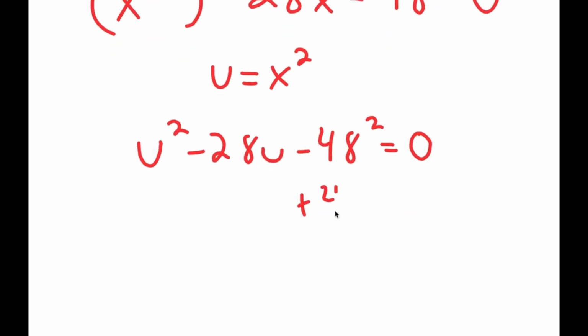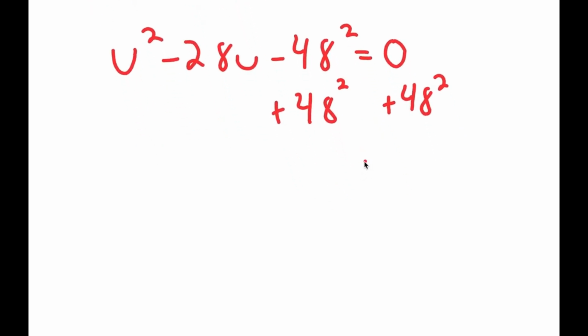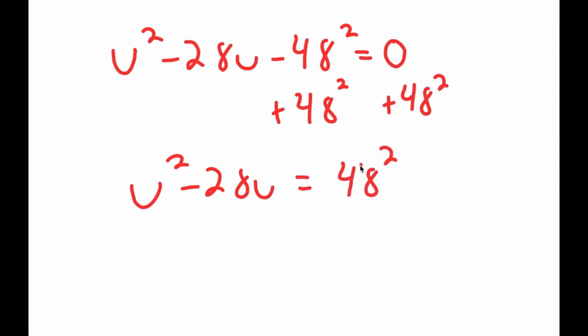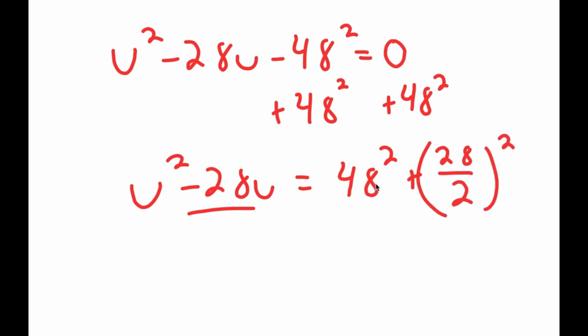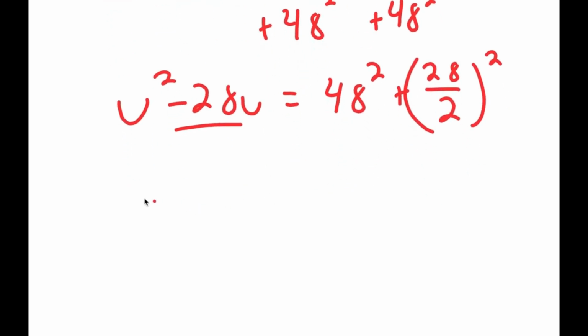So I'm going to add 48 squared back, and now I get u squared minus 28u is equal to 48 squared. Now I'm going to take negative 28, or we can say just positive 28, and add this divided by 2, squared, on both sides. And if you guys don't know what completing the square is, you have to go watch a video on it.